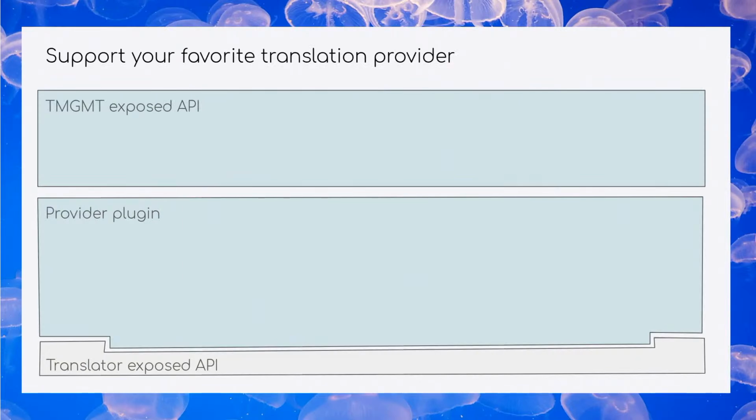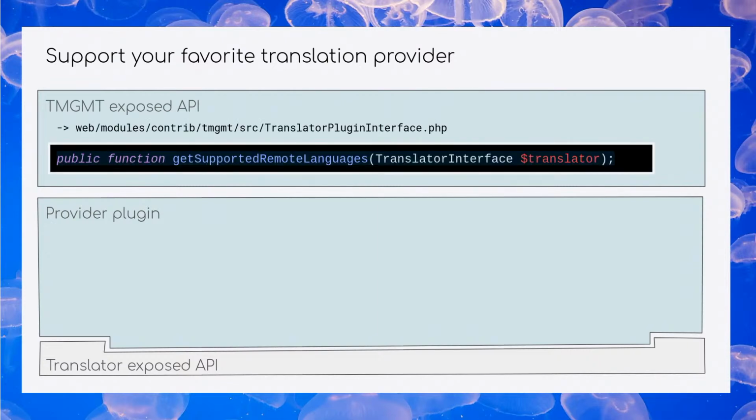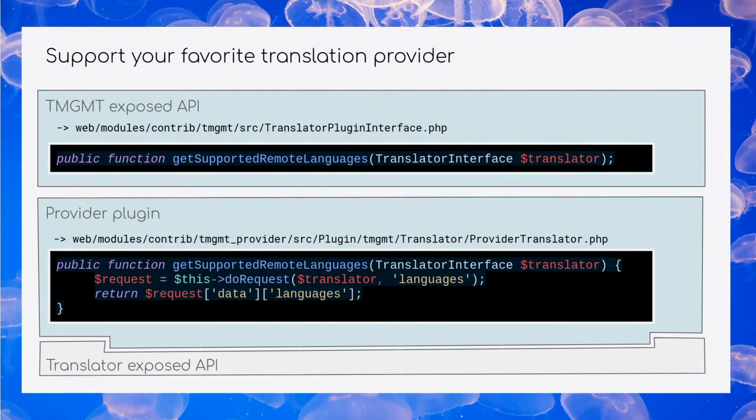So basically, TMGMT exposes an API that is defined in this file, and probably a few other files, but it's defining an interface, and you have all of the standard functions that you could need, like which languages are supported, and then you have the function send the translation or receive the translation and this kind of stuff. And what you just need to do is basically implement this interface for your specific translator.